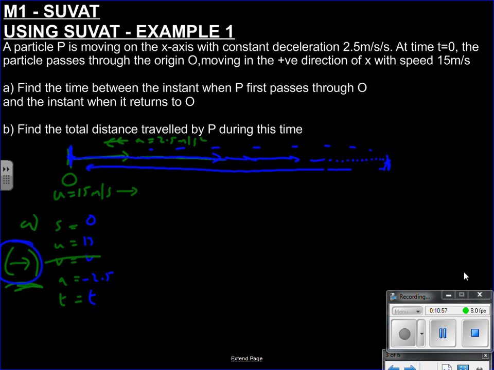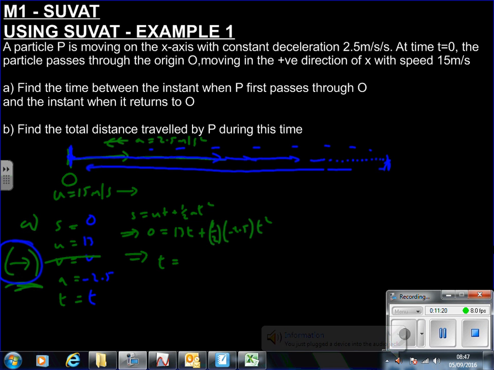So we go to our SUVAT equation, s equals ut plus half at squared. Therefore 0 equals 13t plus a half, our a was minus 2.5, t squared. So from here you can use your calculators to solve this.